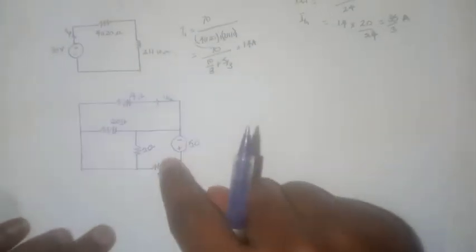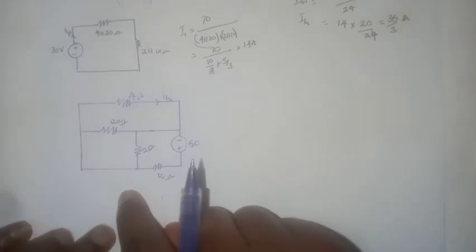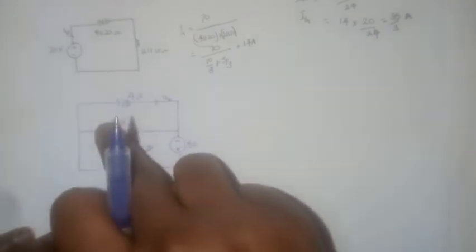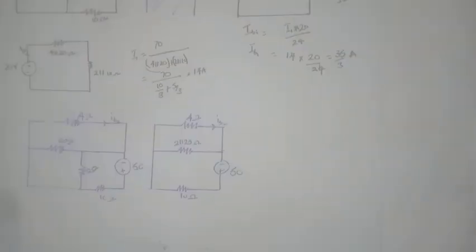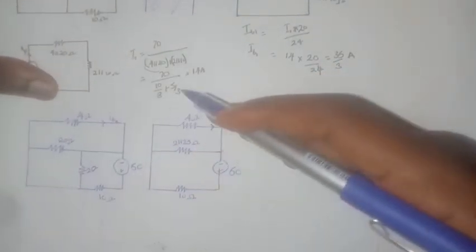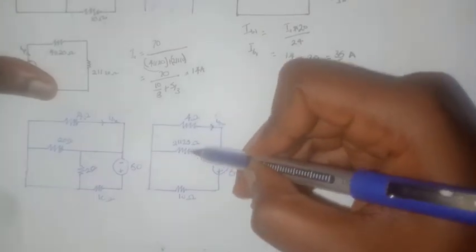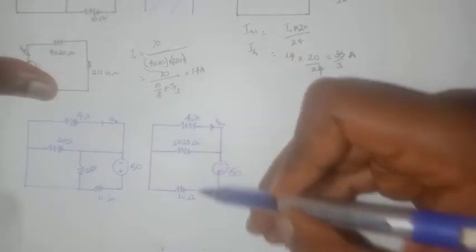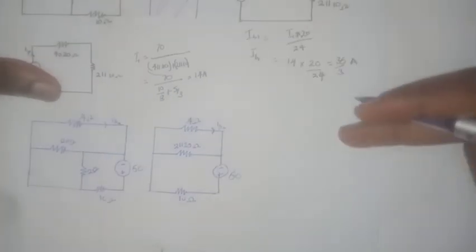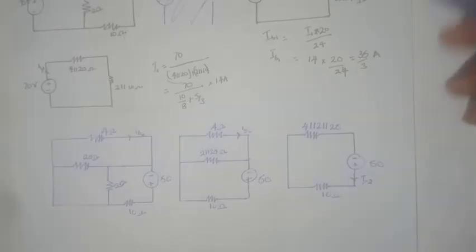If we look quite closely, we would see that these two resistors are in parallel with one another, so we can redraw this circuit combining these two resistors, and we have a simpler circuit. Since it is obvious that these two resistors are in parallel, this circuit can further evolve into something that looks like this.